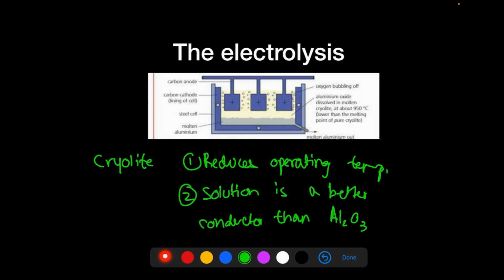And then we start by observing the reactions at the electrodes. So at the cathode, the reaction is 4Al3+.